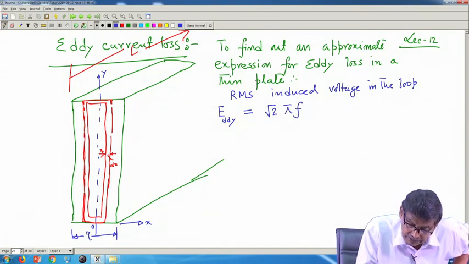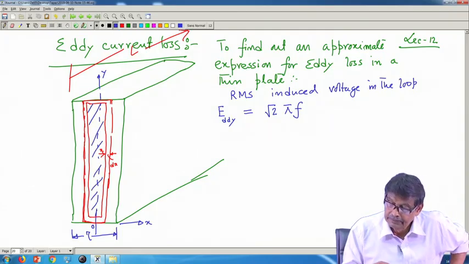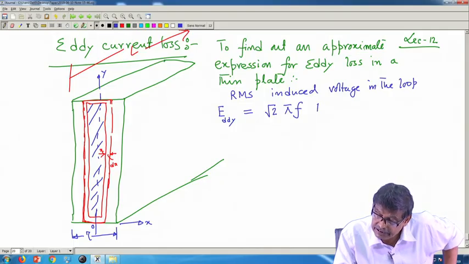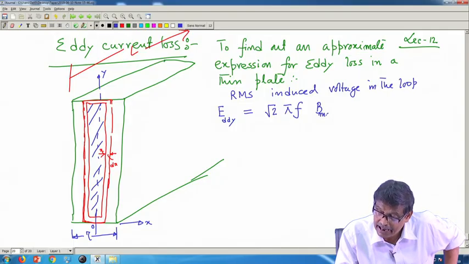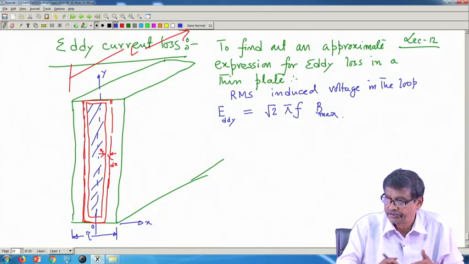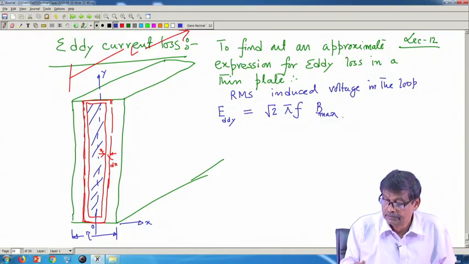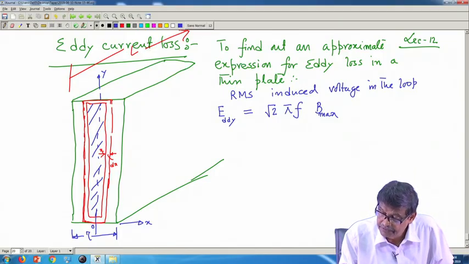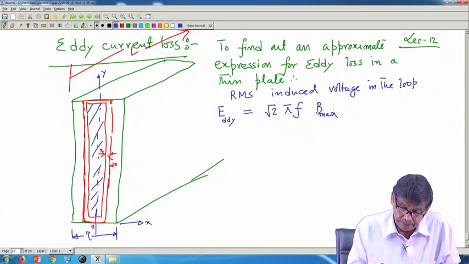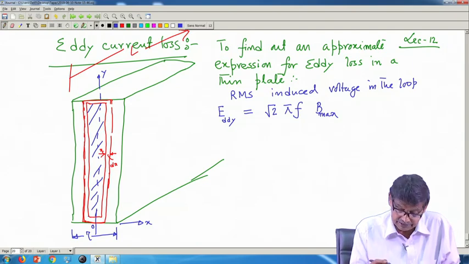Phi max is what? The flux enclosed by this area, mind you. That flux enclosed in the area can be written as B max, which is calculated over the whole cross sectional area, root 2 pi f B max into the cross sectional area, that is this blue hatched area.